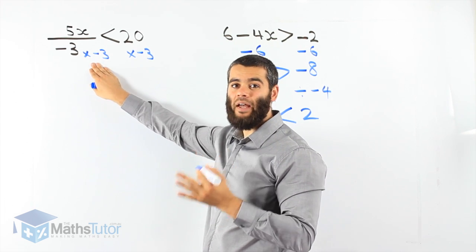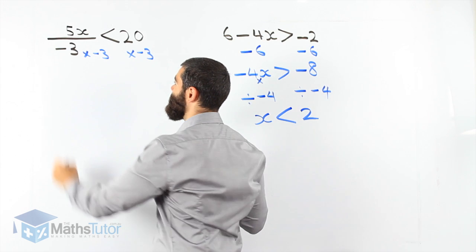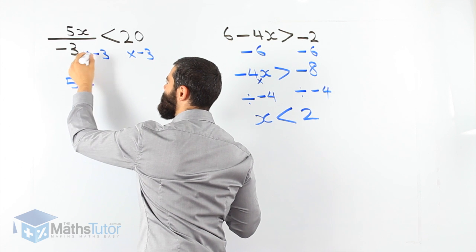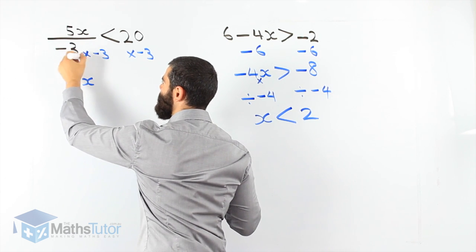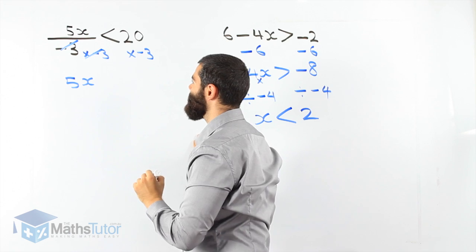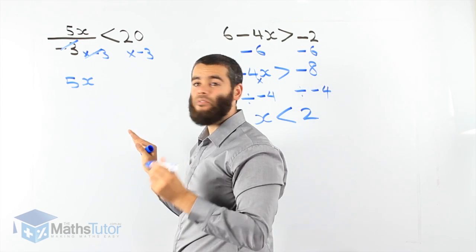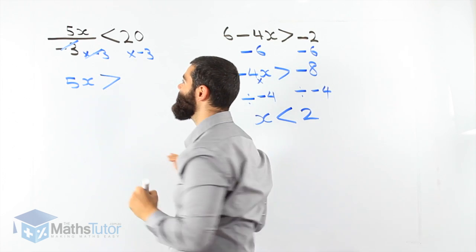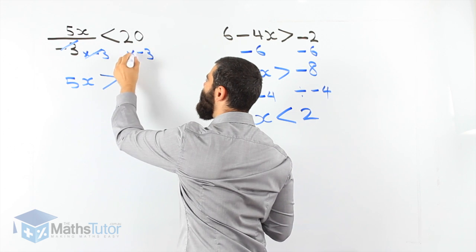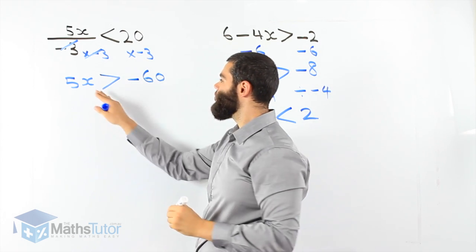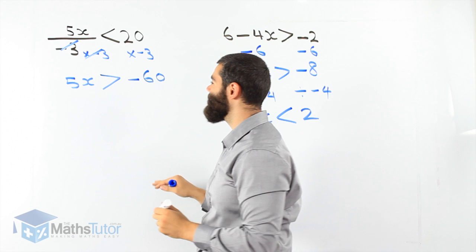We are multiplying by a negative, so the sign will reverse. Divide by negative 3 and times negative 3 just cancel. We're left with 5x. Because we multiplied by a negative, we reverse the sign. 20 times negative 3 is negative 60. 5x is greater than negative 60.